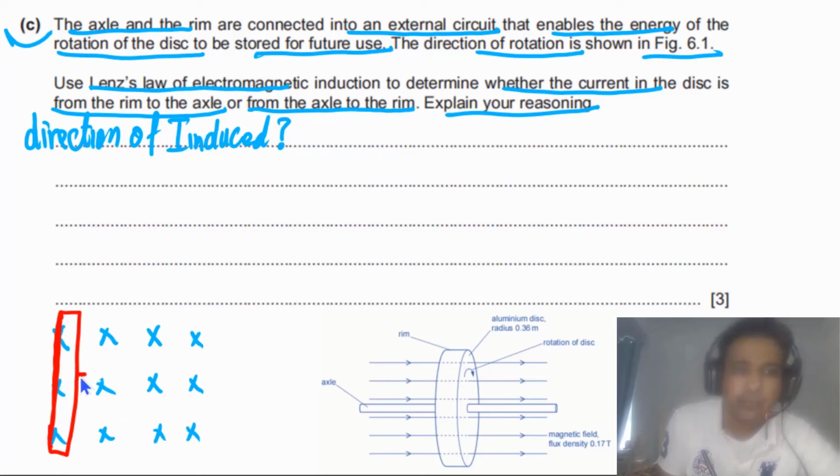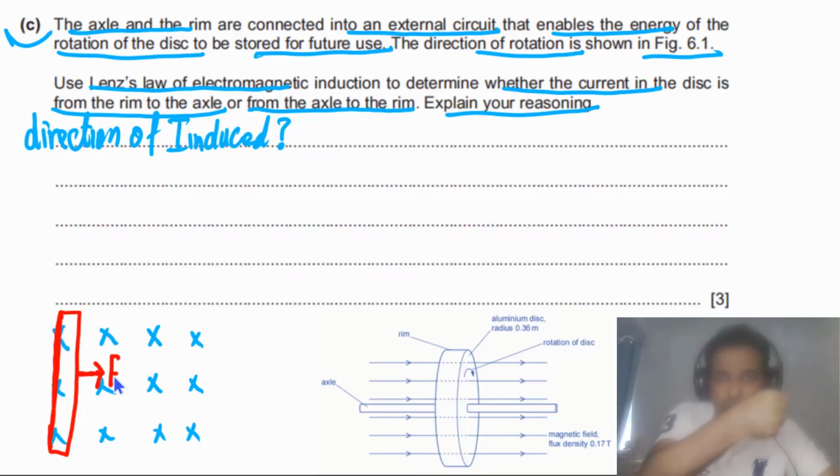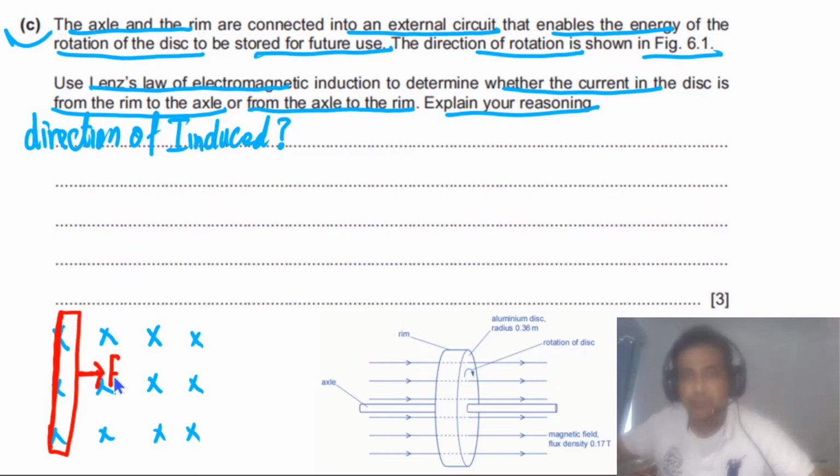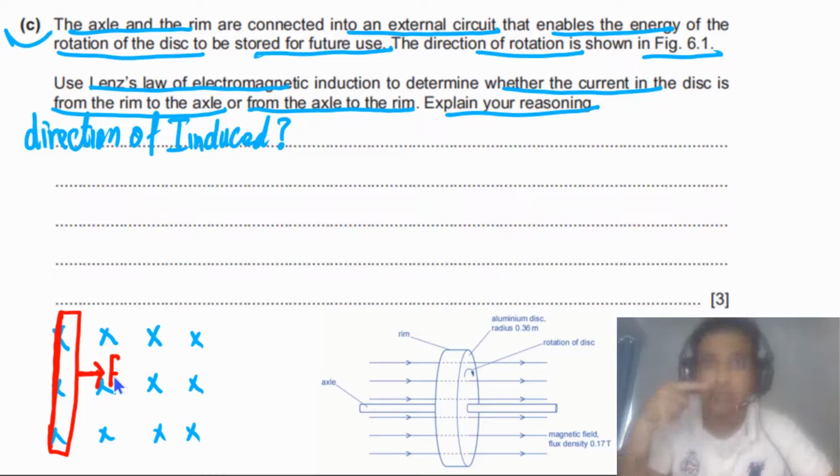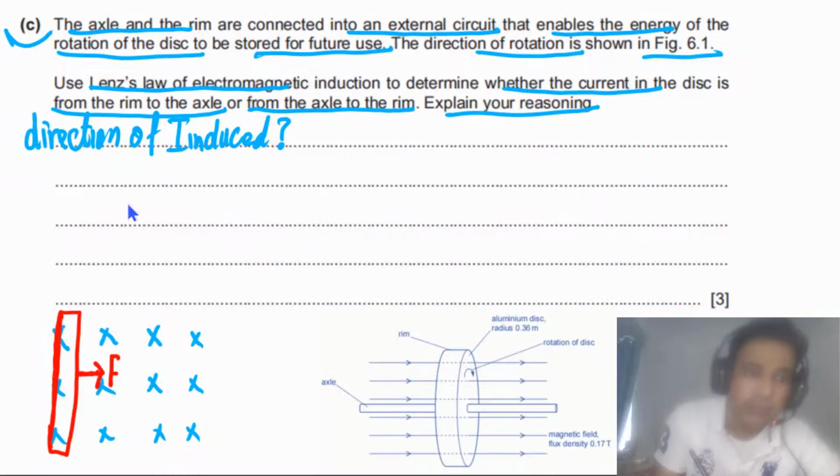When the rod is at rest, there will be no induced EMF and no induced current. Now imagine that we apply force on this rod, we hold it and move it to the right. When we move it to the right, it will cut magnetic field lines. As EMF is equal to the rate of cutting magnetic flux, there will be induced EMF in this rod.